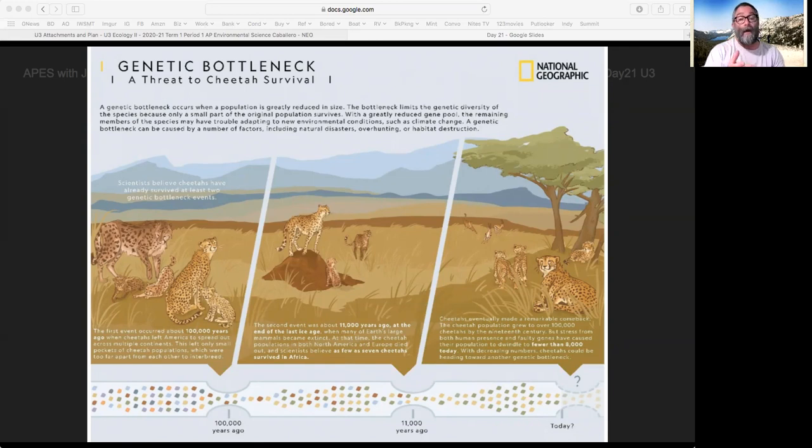The secret now is to find populations that are a genetic risk. That means a small population or an isolated population, and resolve that by connectivity. So genetic risk is a vocab term, and connectivity is a vocab term.